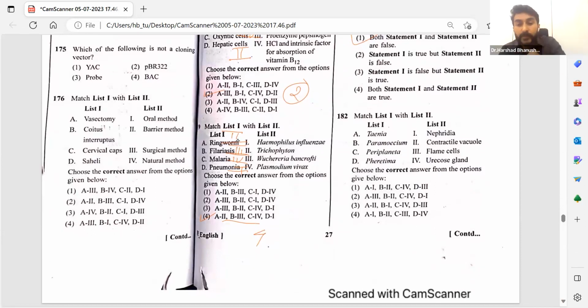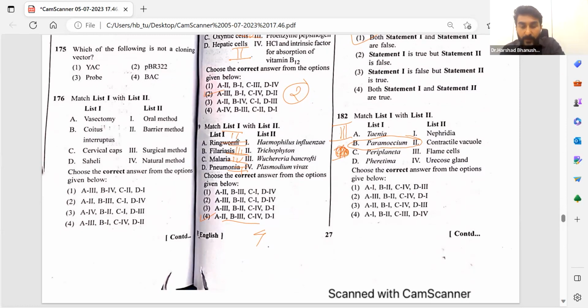Taenia is tapeworm. Tapeworms show flame cells, so A would be 3. Paramecium has contractile vacuole, so B will be 2. Periplaneta is earthworms, C would be nephridia, that is 1. Pardon me.